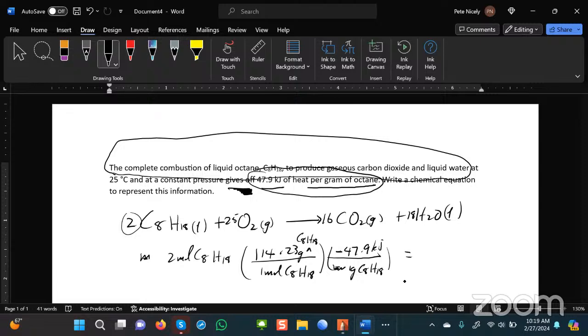So again, I'm going to need your help to do this part. Round off your answer to 3 sig figs.